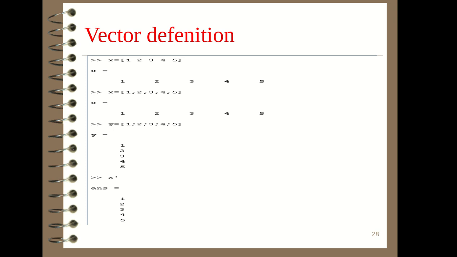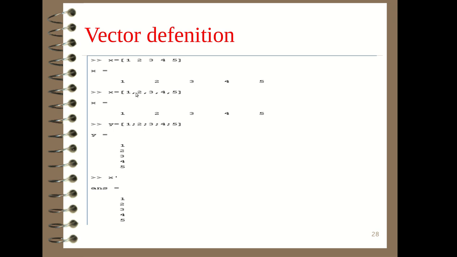So how can we write a vector in MATLAB? We can write a vector using brackets: x equals bracket, 1 space 2 space 3 space 4. The spaces between them give you a row vector.